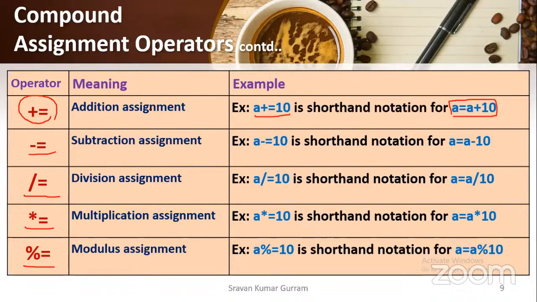These are the compound assignment operators, when you write the simple assignment operator along with the arithmetic operators. Like this, we can write the simple assignment operator along with bitwise operators also, shift operators also, and so on. That is next level. This is more than enough about compound assignment operators.